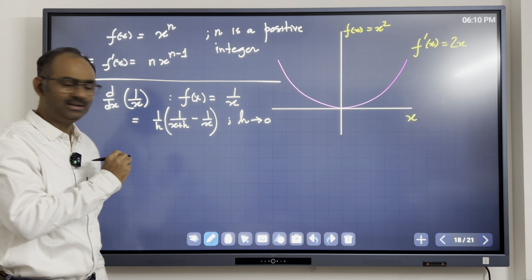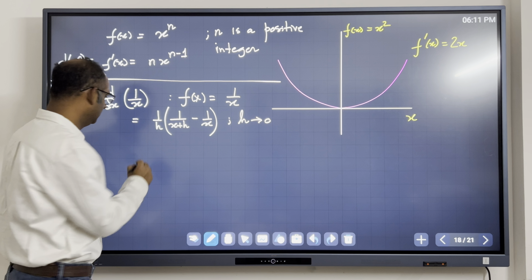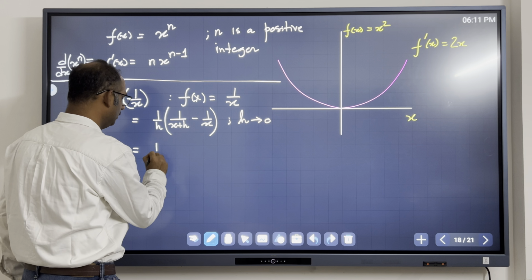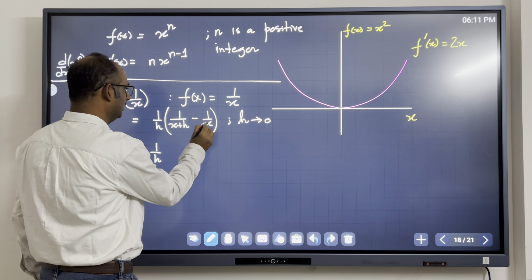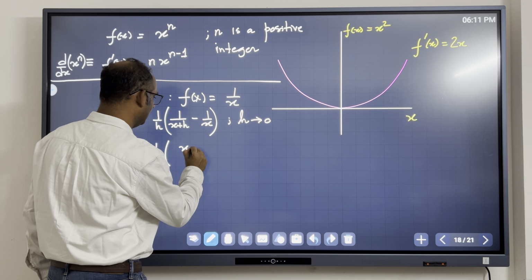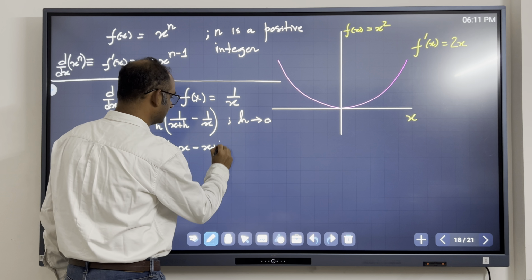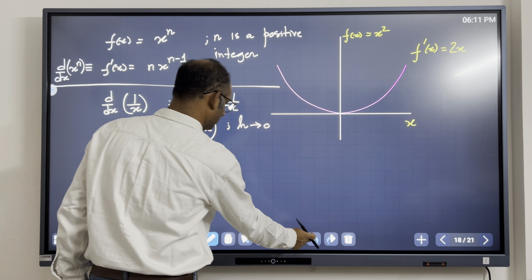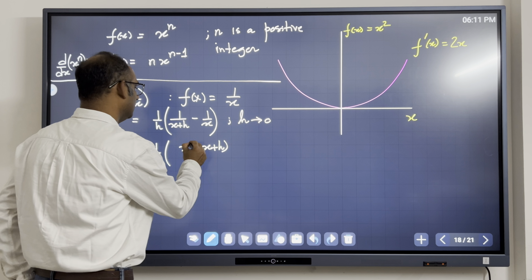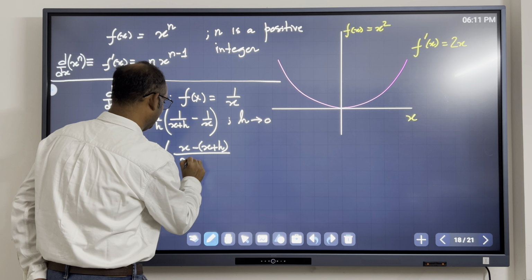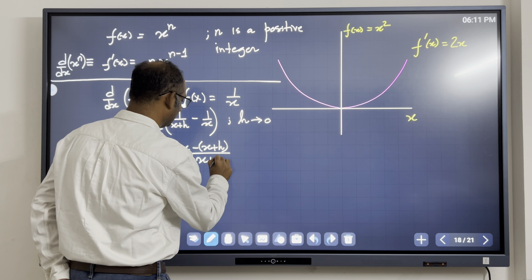Is the procedure clear? We are just repeating the same things which we have done earlier. What is that? 1 over h, let's multiply these two, so that's x minus x plus h divided by x times x plus h.